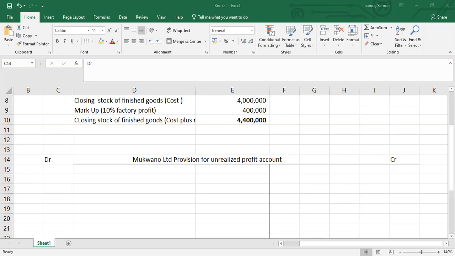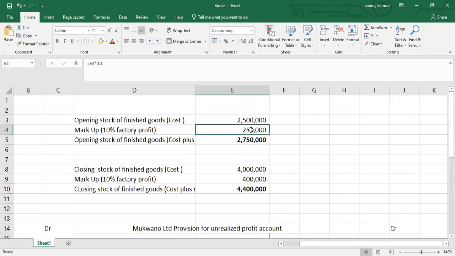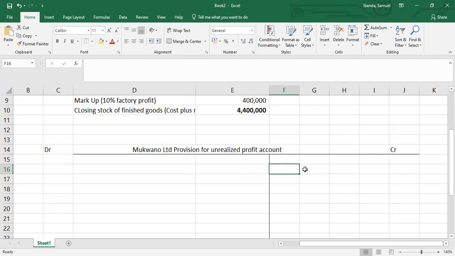Like I've said, provisions have a normal credit balance, so the unrealized profit on opening stock will be a balance brought down on the credit side, okay?